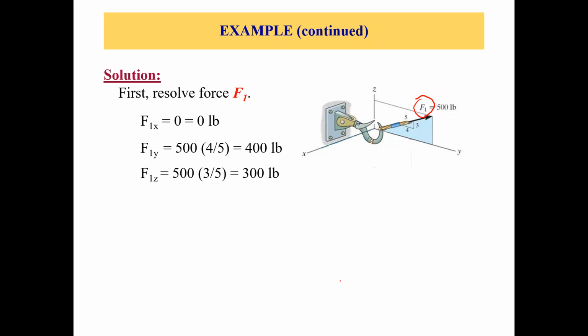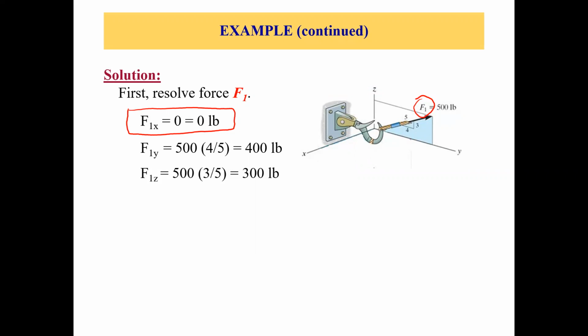Now, if you look closely, this force F1 is parallel to, or along, the x-axis, right? So that's why there's no x component, or the x component is 0. So F1x is 0 pounds.